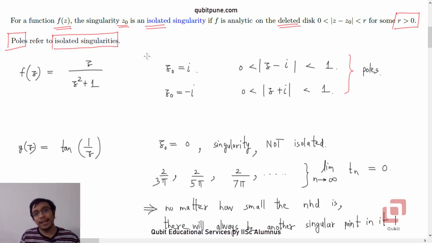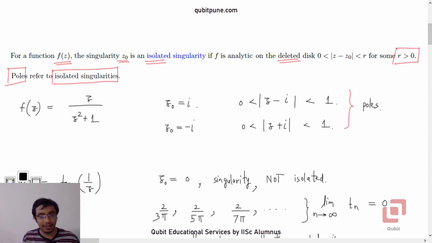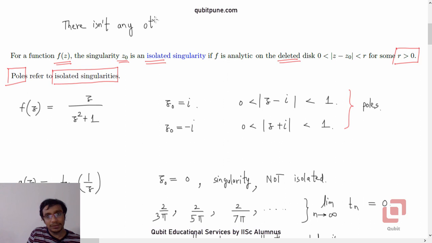By the very name isolated singularity, we understand that there isn't any other singularity in some neighborhood of z0.